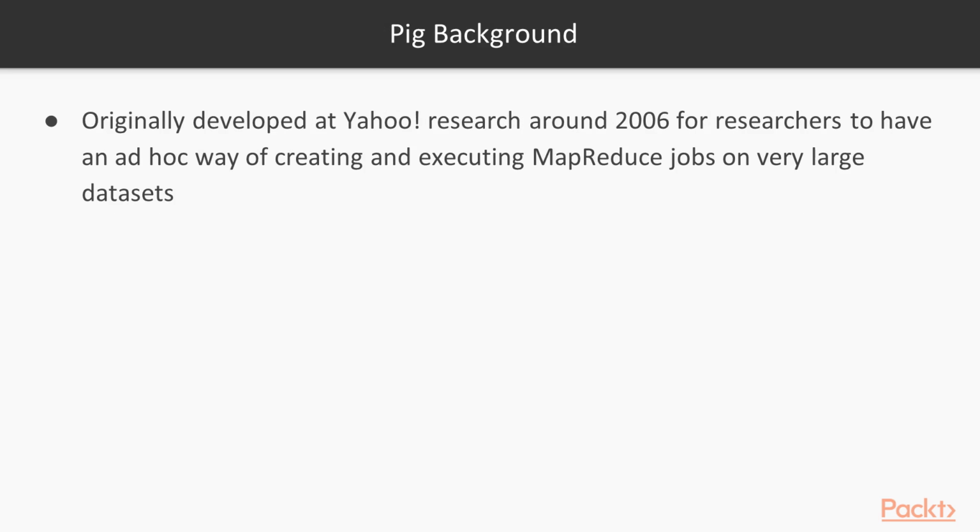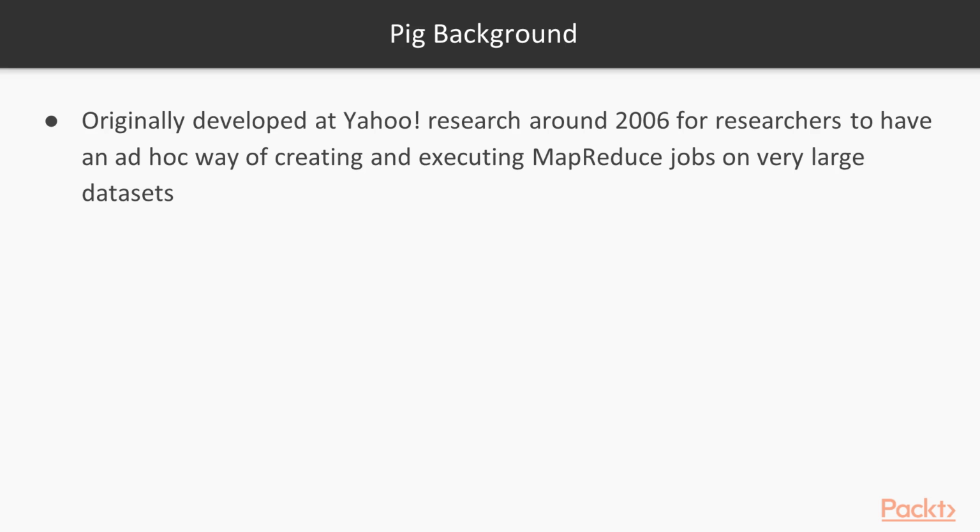Now let's understand the Pig background. Apache Pig was originally developed at Yahoo Research around 2006 for researchers to have an ad hoc way of creating and executing MapReduce jobs on very large data sets. Back then in 2006, Yahoo was a giant and was able to deal with a lot of data.